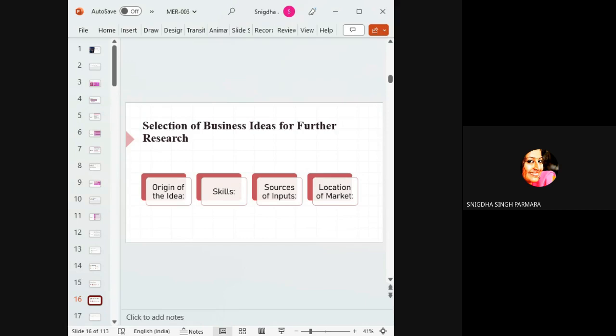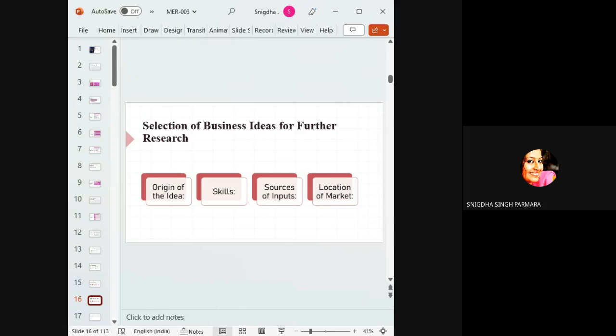There could be innumerable ideas that could be generated with the help of those 4 points that we just discussed above. All those ideas, or the list of ideas, are normally screened through a rapid feasibility assessment test, and on the basis of that, there can be origin of an idea.